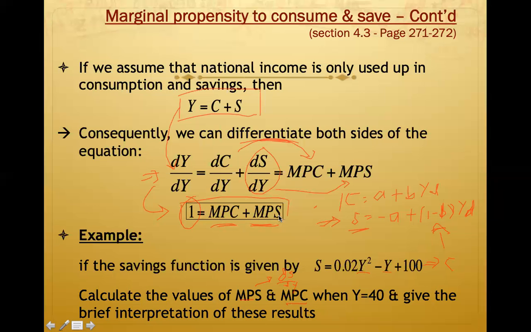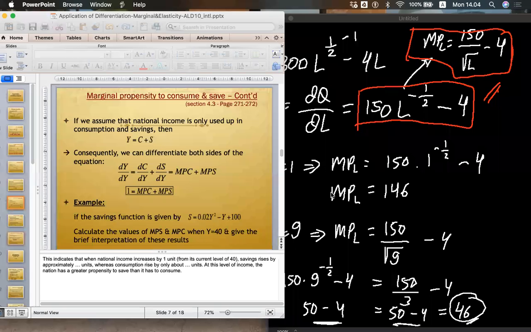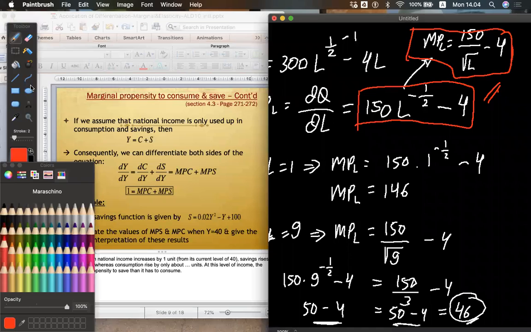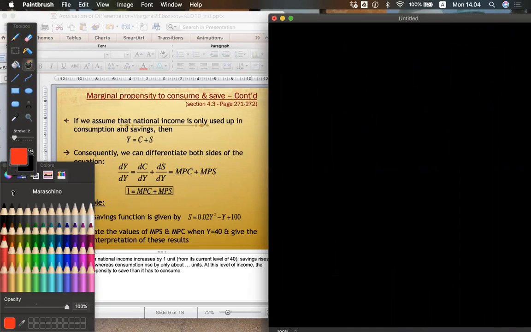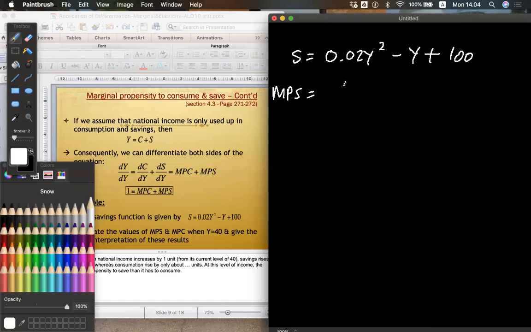Let's try to solve this problem. I think we don't need a lot of time to solve it. Okay, write it again. If the function given is S equals 0.02 Y to the power of 2 minus Y plus 100, then calculate the MPS. The MPS is very simple.